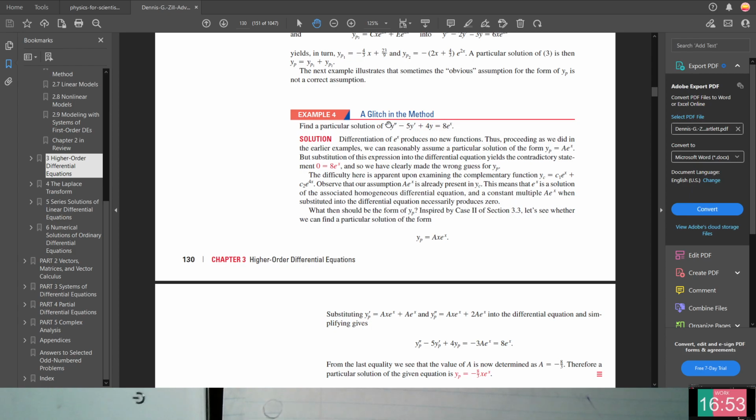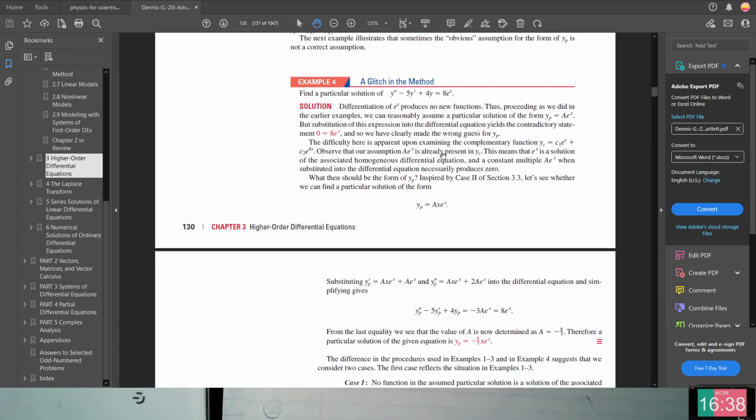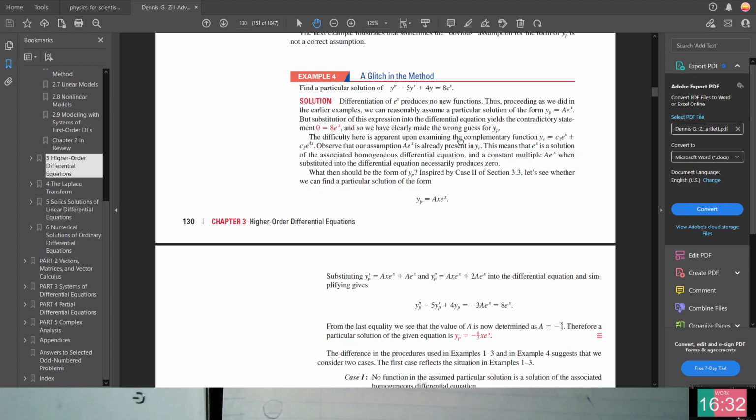Thus, proceeding as we did in the earlier examples, we can reasonably assume a particular solution of the form y_p equals A e^x. But substitution yields the contradictory statement 0 equals 8e^x, so we've clearly made the wrong guess. The difficulty is apparent upon examining the complementary function y_c equals c1 e^x plus c2 e^(4x).